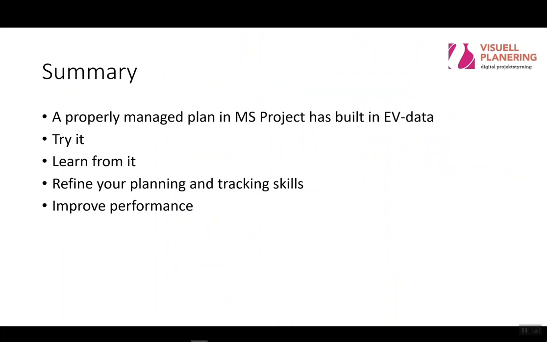This means that you can try it, you can learn from it, you can refine your planning and tracking skills, and you can learn how to improve the performance of your own work or your project. Hopefully that's useful. Even though you may not have a requirement to use earned value, you can look at it yourself and see what you can learn from it.